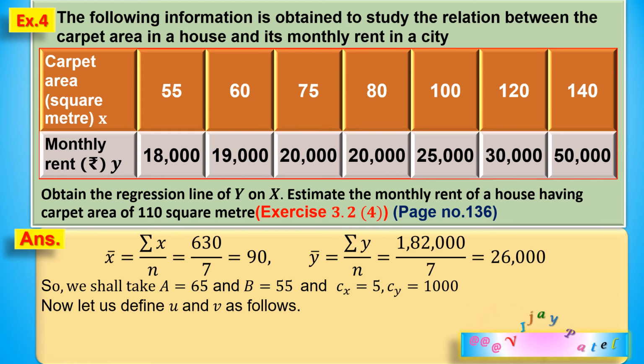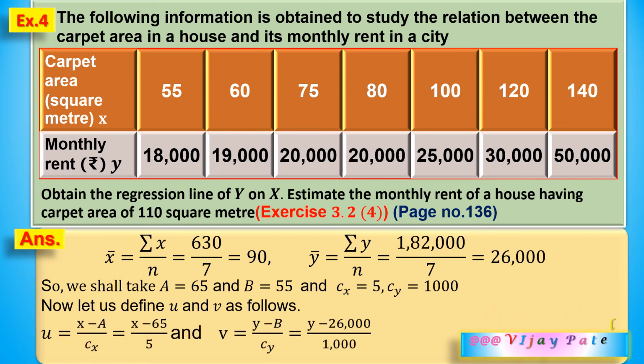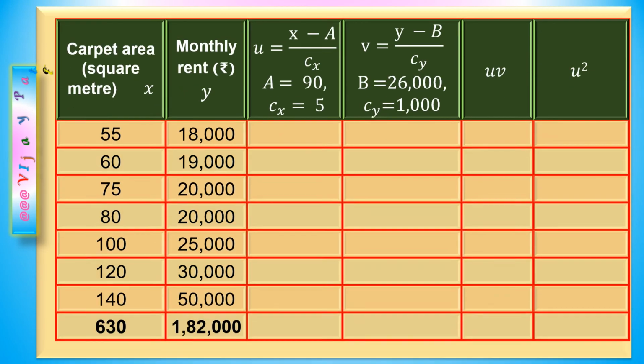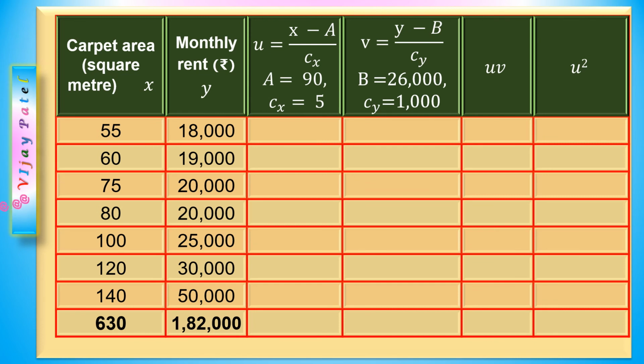Now let us define u and v as follows. U is equal to x minus a upon cx, which is x minus 90 upon 5, and v is equal to y minus b upon cy, which is y minus 26,000 upon 1000. Let's find the value of b by using this table.